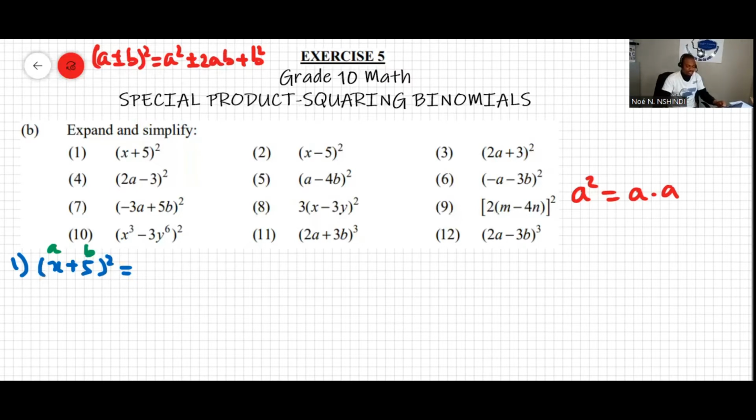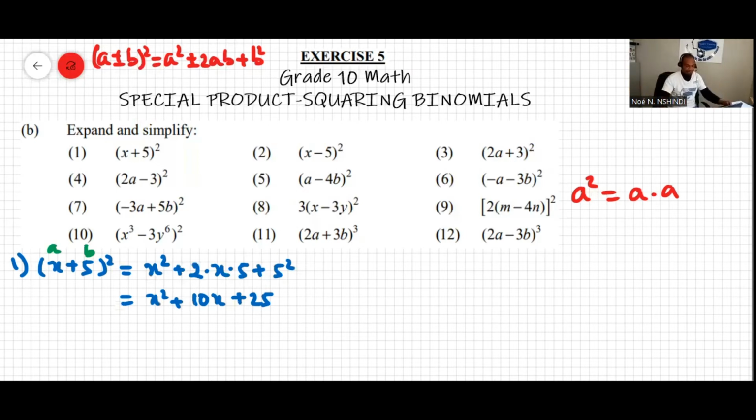So this will be x squared, a squared, plus, because it's positive there, 2 times x times 5, 2ab, plus b squared, so 5 squared. So this is equal to x squared plus 10x plus 25. It's shorter this way instead of expanding as we normally do and then simplifying.